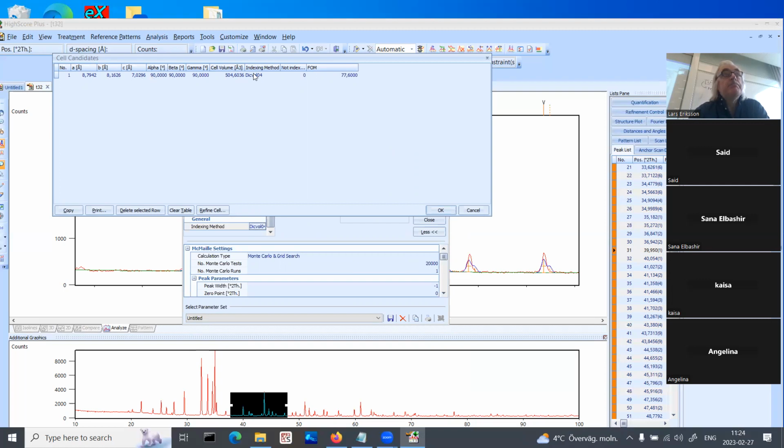So this is probably a correct cell, or at least a cell that describes the first 20 peaks. Perhaps one should repeat this and go with more peaks, but I think this is the same unit cell, 8.16. Do we have a diffraction pattern, by the way? Can we refine it?